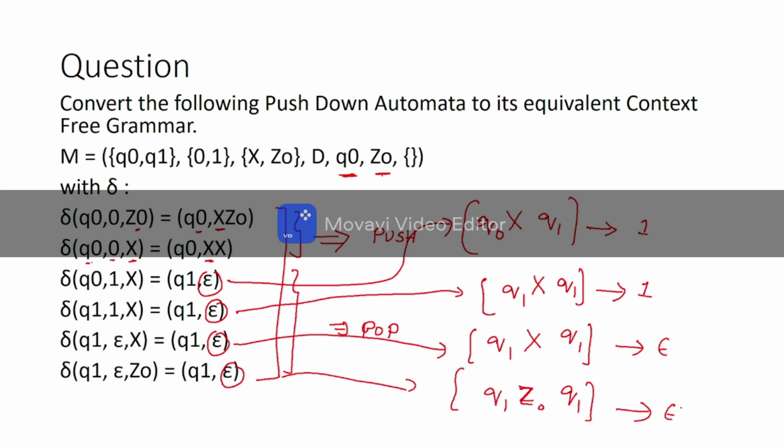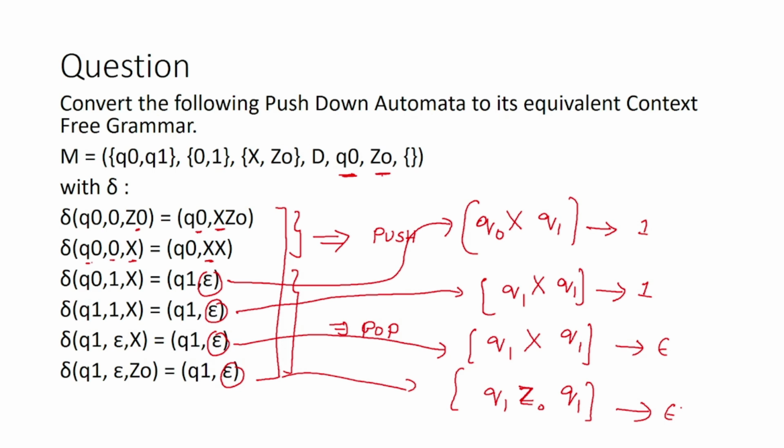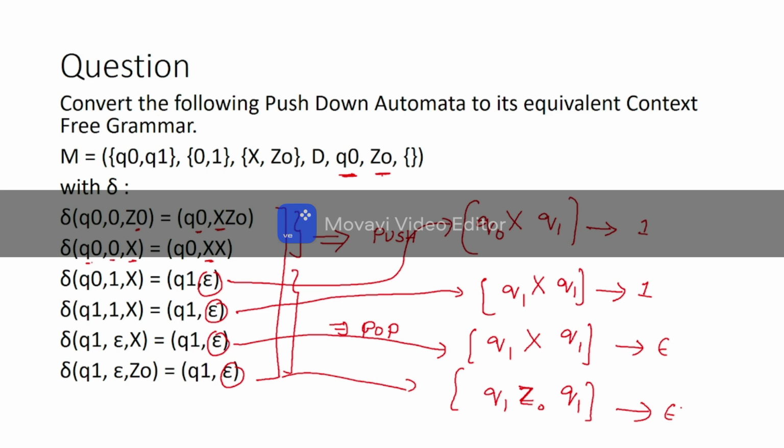So, we have completed all the production rules for all the transitions, right. From this set of production rules you can eliminate the unreachable symbols and also useless symbols, right. Before that you can replace each triplet by a single non-terminal.